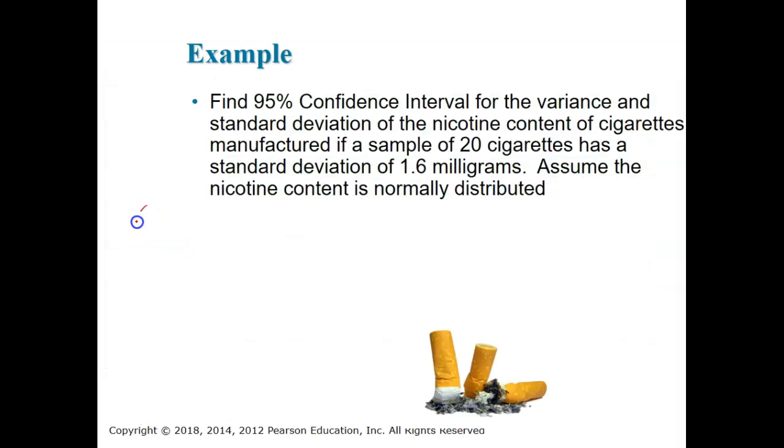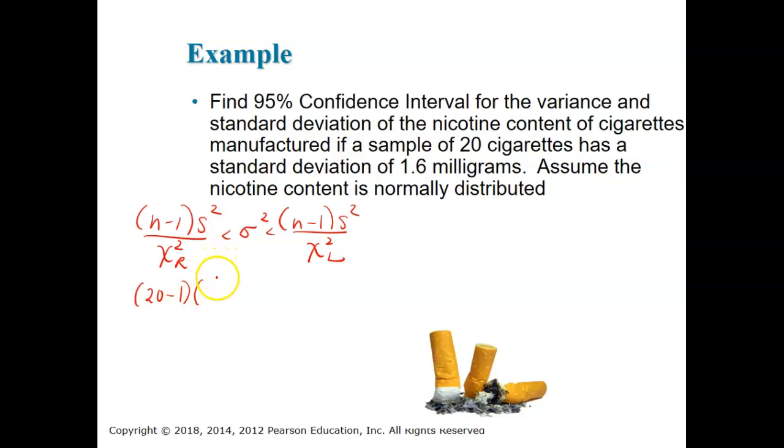What I'm going to have is n minus 1 s squared over chi-squared right. And then I'm going to have n minus 1 s squared over chi-squared left. So that's going to be 20 minus 1. My s on this one, we were told was 1.6.